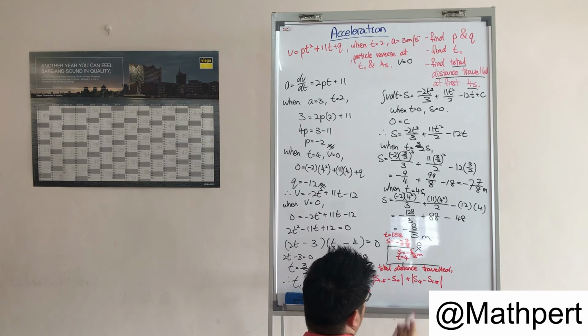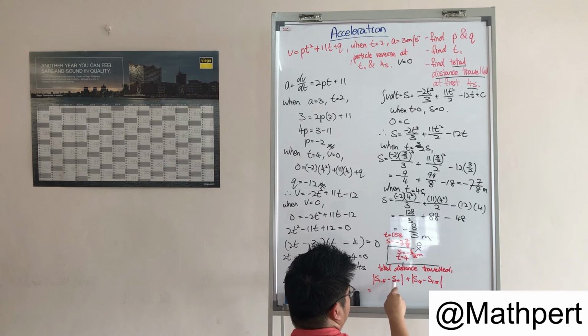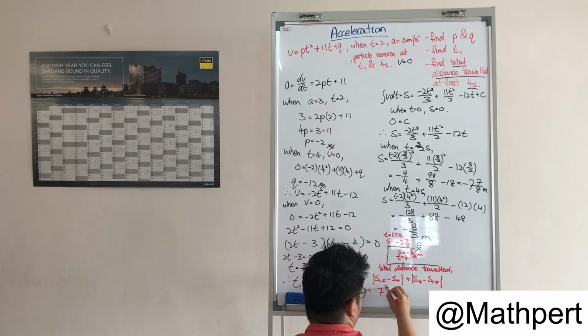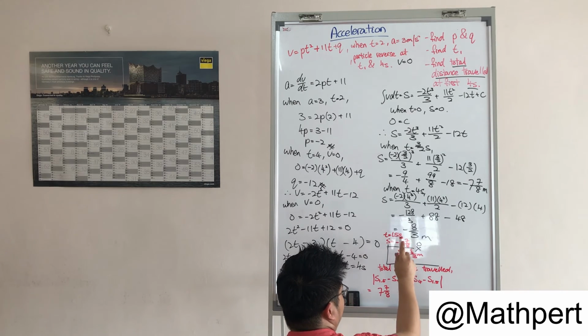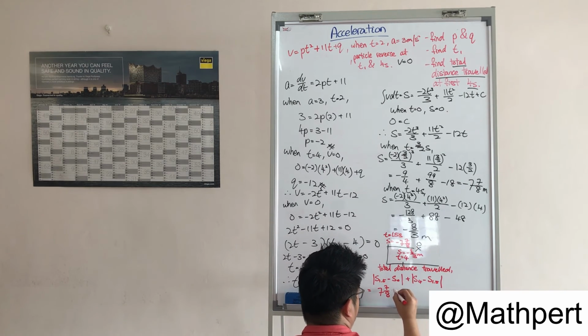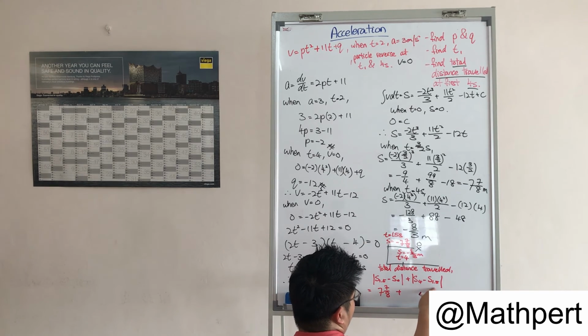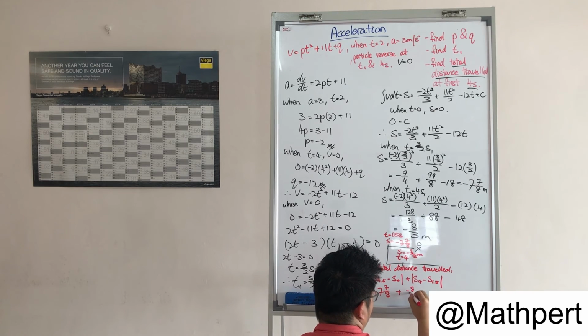We got s1.5 minus s0, we get 7 and 7 over 8. Right, modulus, regardless of the directions, we get 7 and 7 over 8 plus s4 minus s1.5. Meaning s4 is negative 8 over 3 minus negative 7 and 7 over 8, modulus.